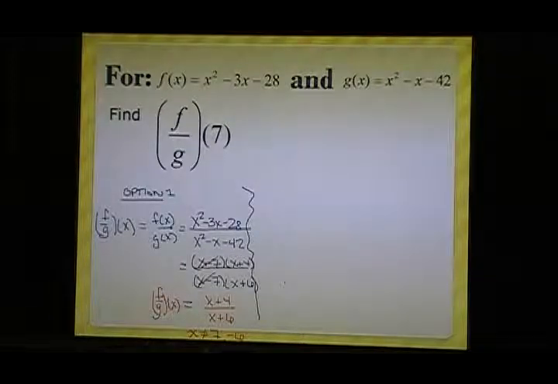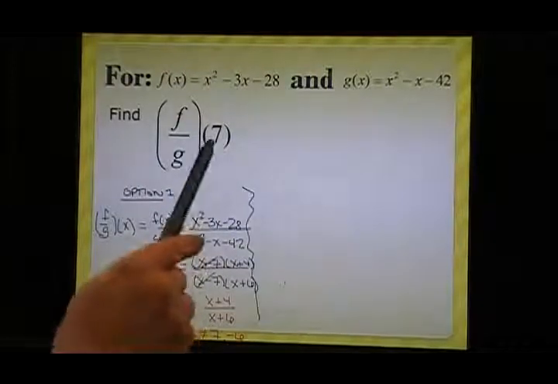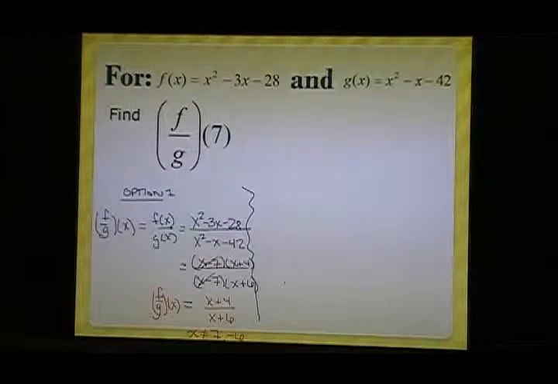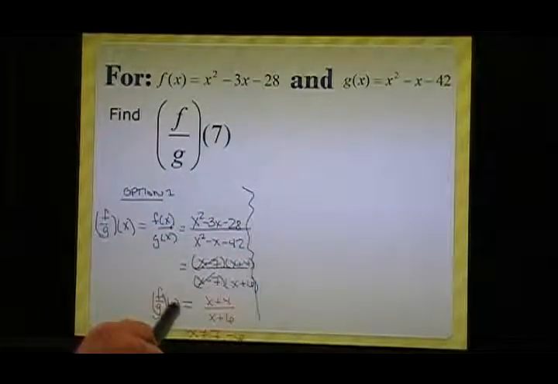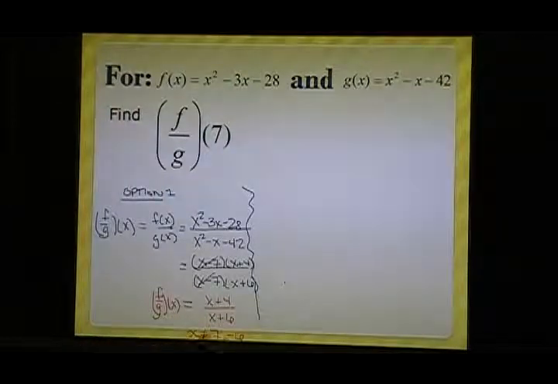Okay, so here, notice that this number is what they're asking me to evaluate. And as I was saying before, this function is undefined for either an x value of 7 or negative 6. You cannot substitute 7 into this function here. That's what this is saying. So the answer is, this is undefined.